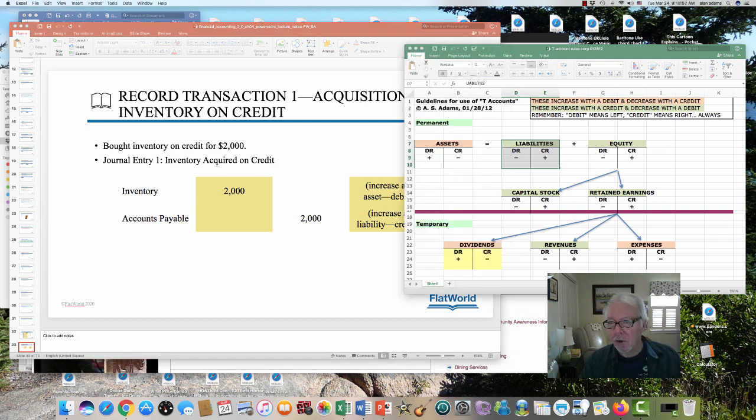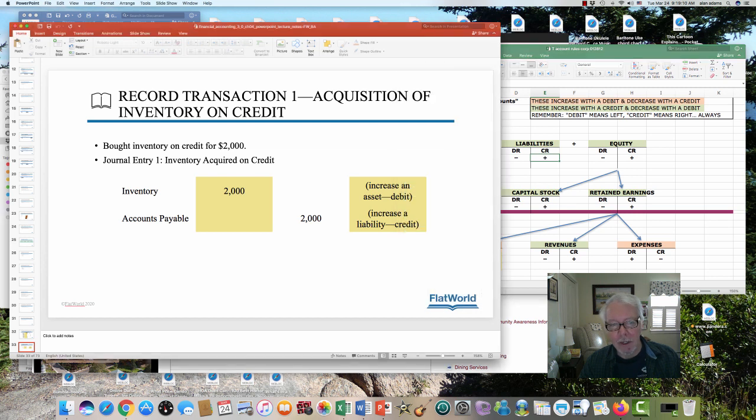So come over to my little cheat sheet over here and say, well, accounts payable is what kind of an account is it? It's a liability. Liabilities increase with a credit. So we have a debit here, a credit here, and that represents, if you add a description and a date to this, that tells you what your journal entry would be, formally, okay?